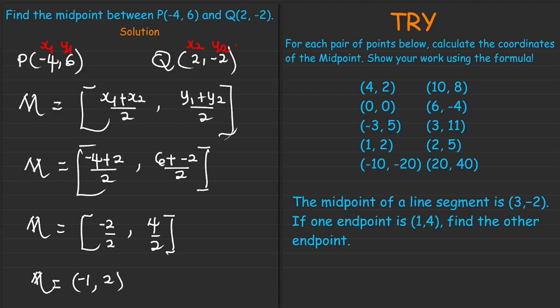The first one says, for each pair of points below, calculate the coordinates of the midpoint. Show your work using the formula. And you have 5 pairs of points. The second one says, the midpoint of a line segment is 3, -2. If one of the endpoints is 1, 4, then find the other endpoint. The second one needs to be critically worked out to test your understanding.